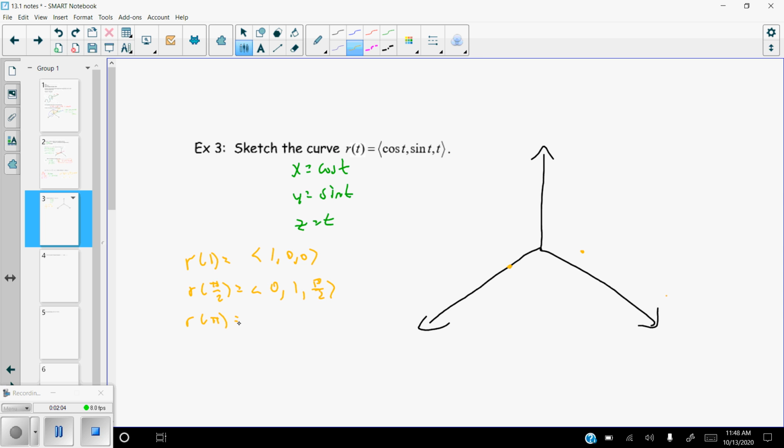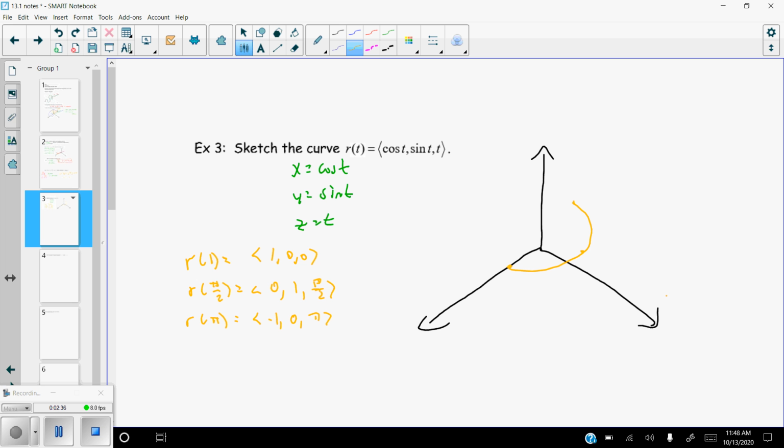If we do r of pi, cosine is going to be -1, sine is 0, and the height is pi. So this point is going to be out at -1, 0, but then it's going to have a height of pi. So hopefully you can see that this thing is starting to curl like this and gain height as it does.